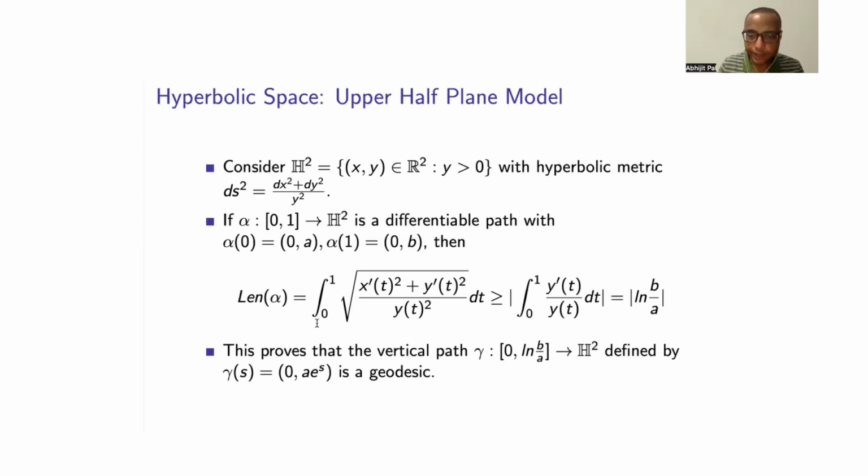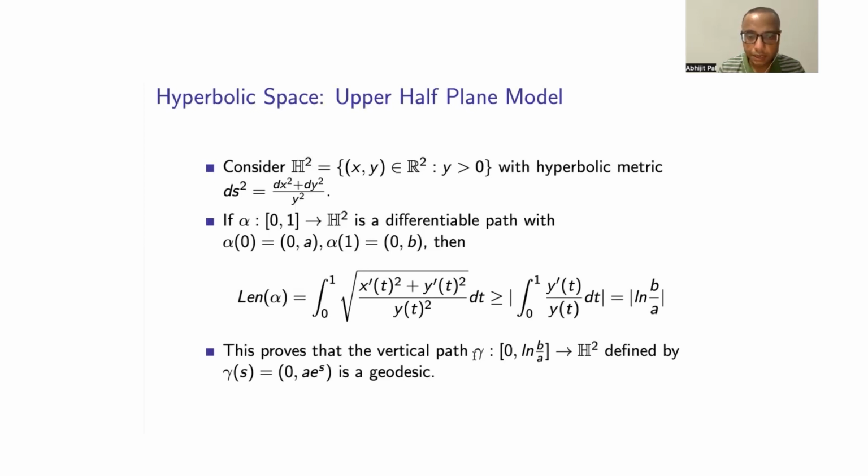Now if I take this vertical path gamma defined from the interval [0, log b by a] to H2, by gamma(s) equal to the ordered pair (0, a e to the power s), this s is in fact the length parameter here. So you can compute the length of this gamma. It turns out to be equal to the absolute value of log b by a.